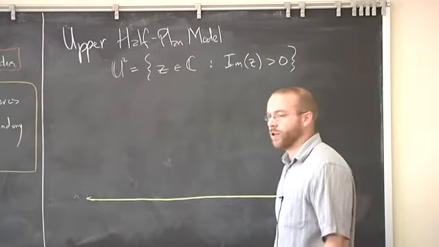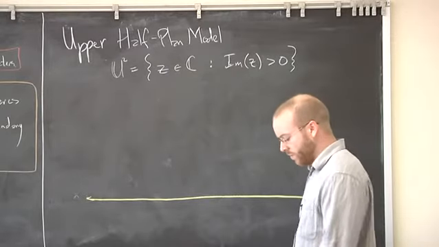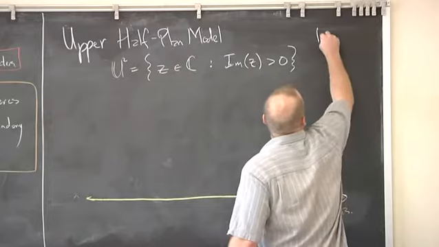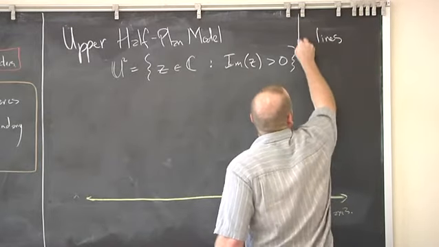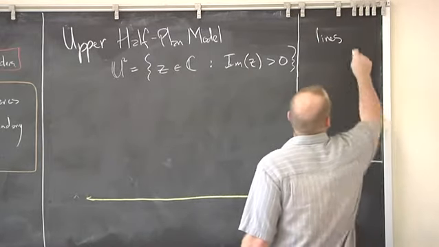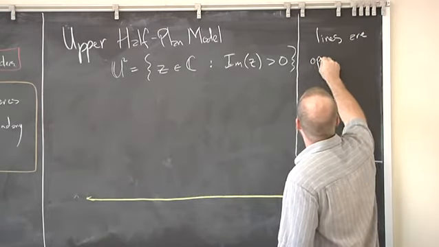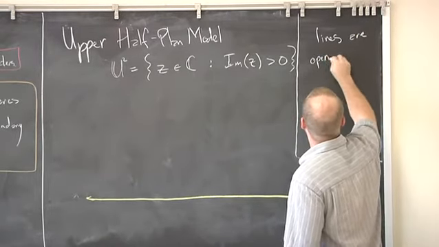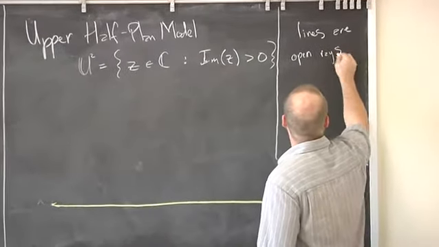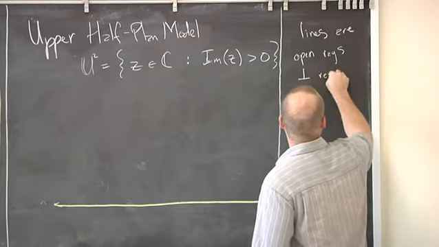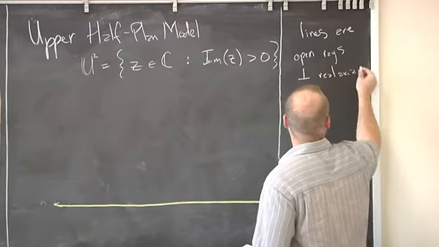So now I need to tell you what lines are. Okay, well, what are lines? So lines are open rays orthogonal to the real axis. Okay?